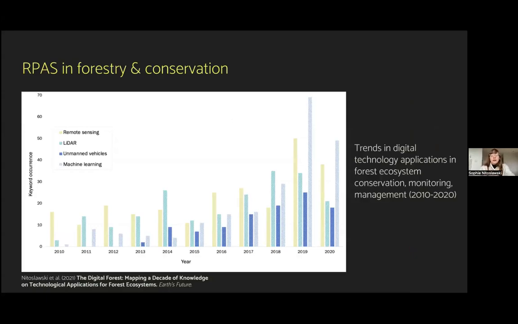And it turns out that unmanned aerial vehicles are actually gaining a fair amount of traction pretty recently. It's only really starting in 2014 or 2015 that these are being used, at least in research contexts, in forest environments. So it's still quite a new field, and there hasn't been a lot of work done in this space. That's potentially really exciting for us because we have a lot of data and you're interested in using it. So I think that's pretty cool.